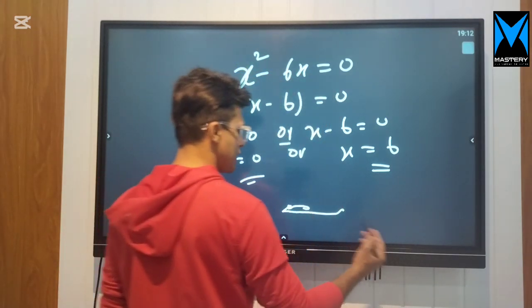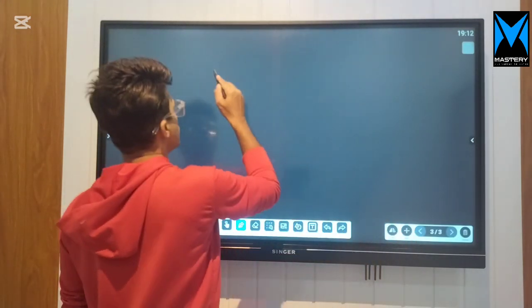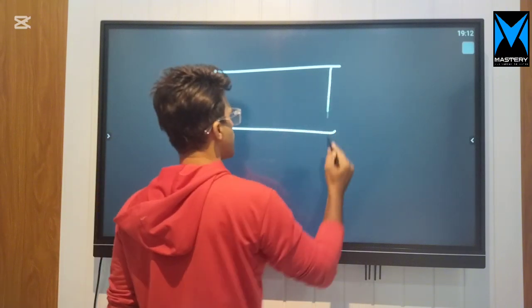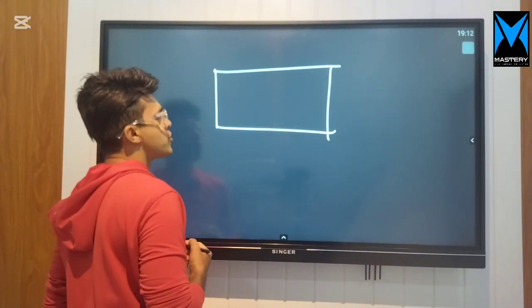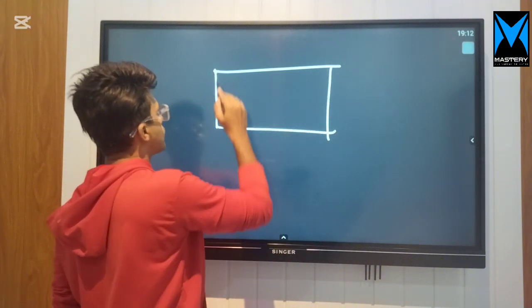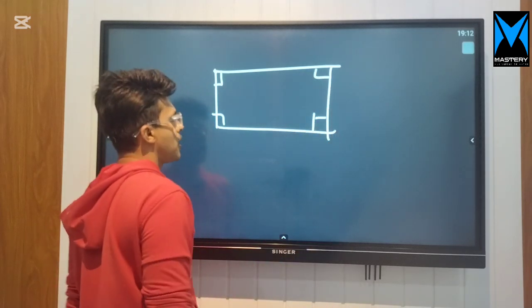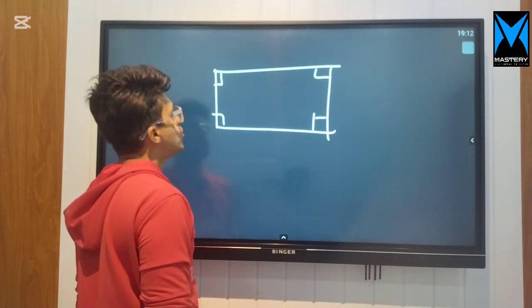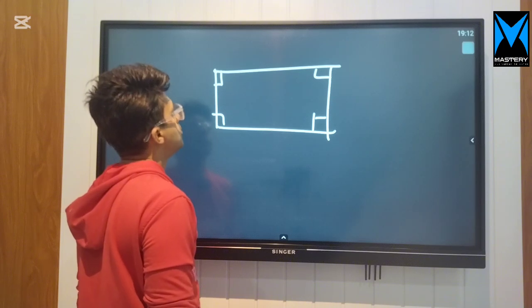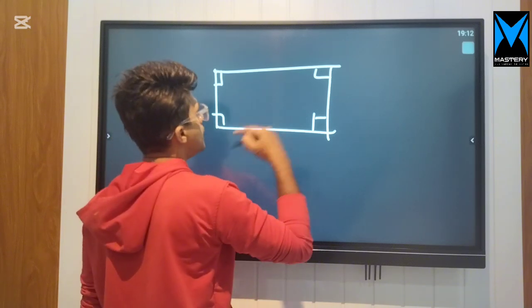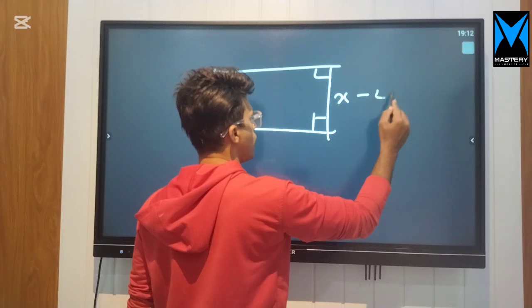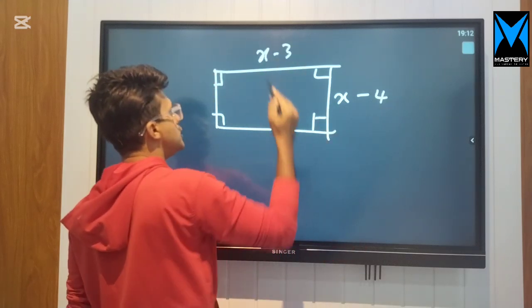The other question is of this type. You are given this rectangle, and it is given that the sides are x minus 4 and x minus 3.